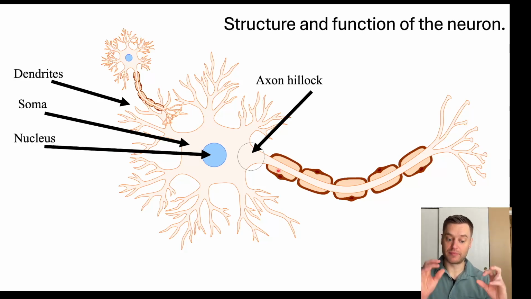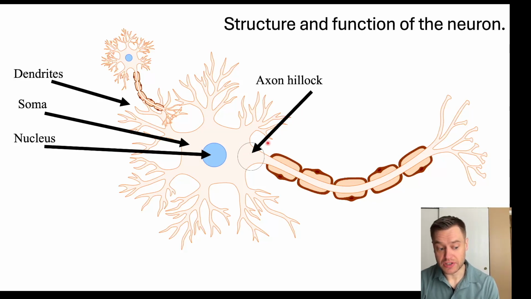And there's an important function of the axon hillock, which is that it consolidates all of the information that the neuron is receiving, and it decides, obviously it's not conscious, but there's going to be some decision here, for lack of a better word, that will say, okay, we're going to send all of this information or not send all of this information down the rest of the axon, and we'll get into what that information is during the action potential section.